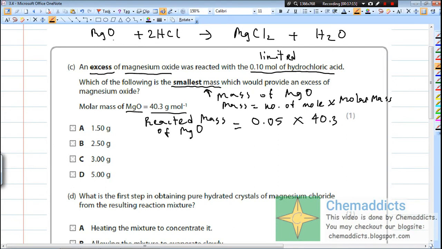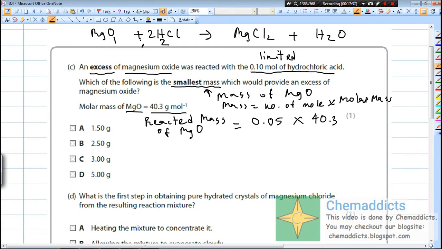Since the mole ratio of magnesium oxide with hydrochloric acid is 1:2, and hydrochloric acid is the limiting reagent, we're going to find the number of moles of magnesium oxide with respect to hydrochloric acid.